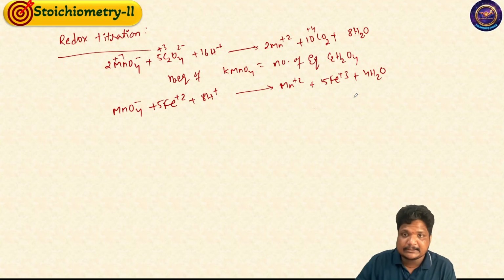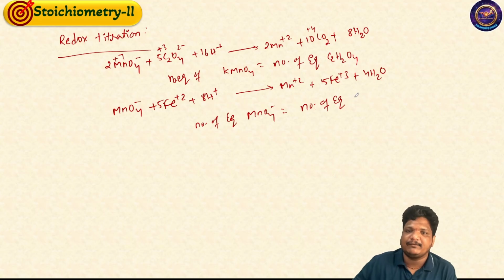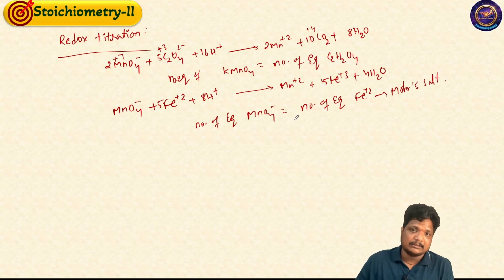In the case of potassium permanganate versus Mohr salt, the number of equivalents of potassium permanganate, MnO4 minus, is equal to the number of equivalents of iron plus 2, that is Mohr salt. In this way you can find the concentration of unknown solutions in redox titration.